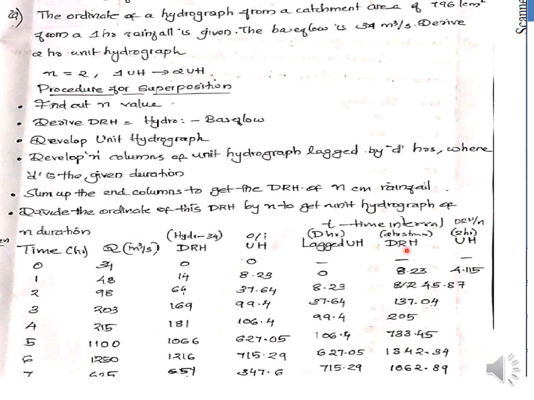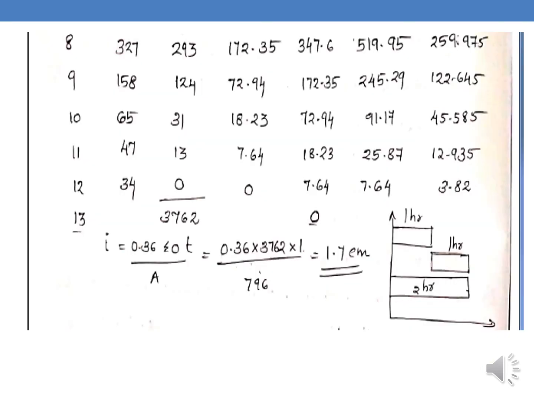Then that should be divided by the small n value to get the unit hydrograph of 2-hour duration. So here the concept is 1 hour unit hydrograph, then lagged by again 1 hour. The sum will be the 2 hour, 2 centimeter rainfall. So this is the method.